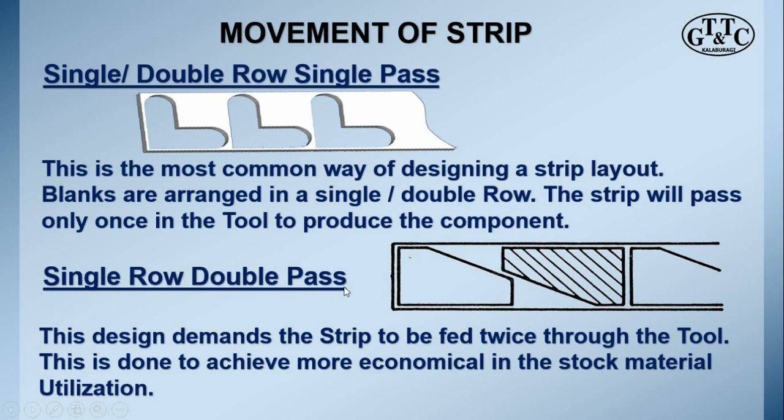In this design the strip is fed twice. This type of design is done to achieve more economical material utilization. But parallelly, it will marginally increase the tool cost.